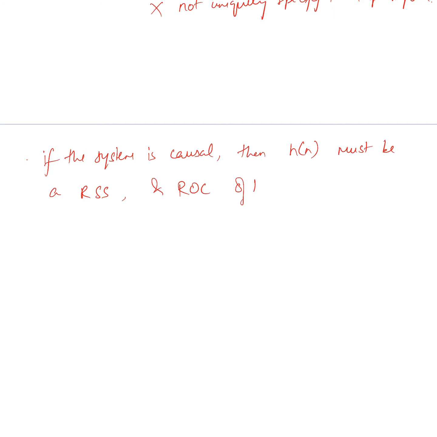Now if the system is causal, then the property we had studied for causality is that the function h[n] must be a right-sided sequence, and for a right-sided sequence the ROC must be outside the outermost pole.